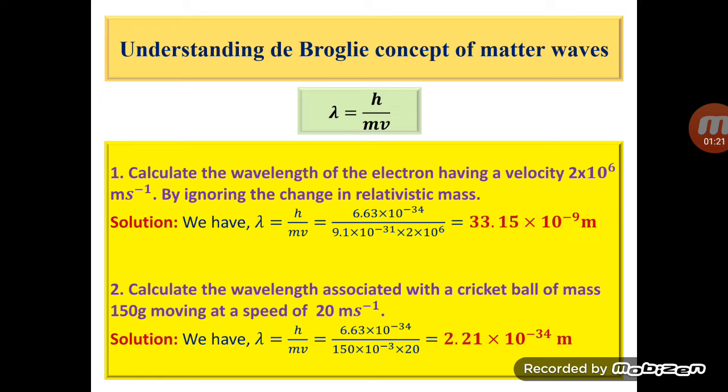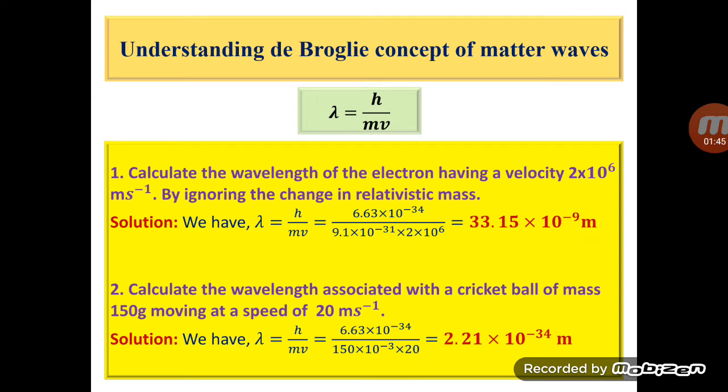On the other hand, if we calculate the wavelength of a cricket ball of mass 150 grams moving at a speed of 20 meter per second, the de Broglie wavelength lambda is found to be 2.21 x 10^-34 meter.